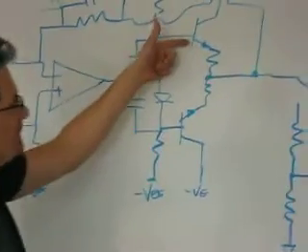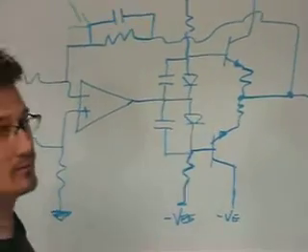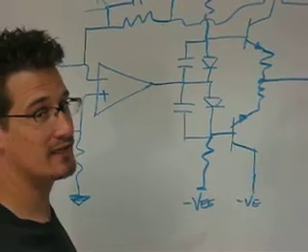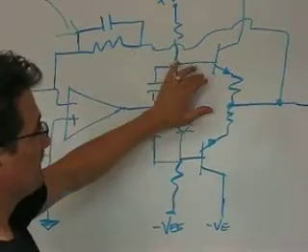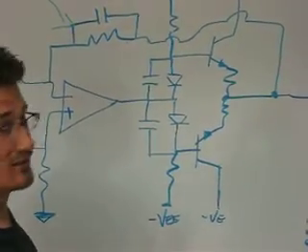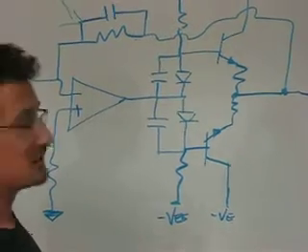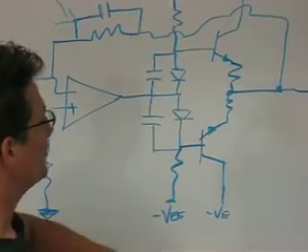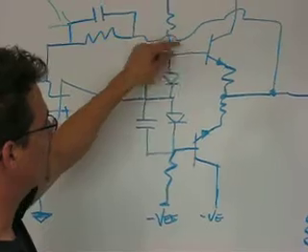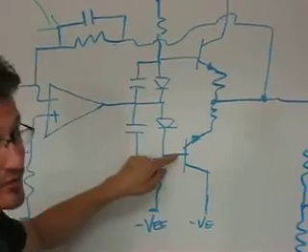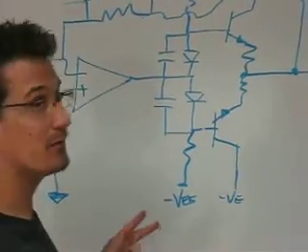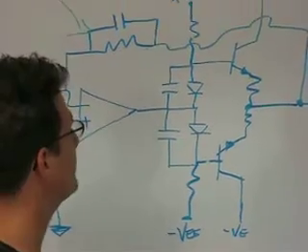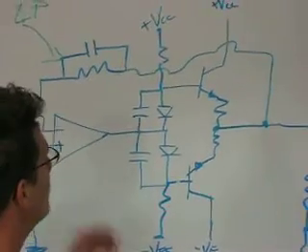So we have an NPN transistor and a PNP to get as close as we can to Class B operation. These transistors are biased as close to being switched on as possible with these two diodes. So we have approximately a 1.4 volt drop here, which helps to reduce the crossover distortion that you would encounter without it.